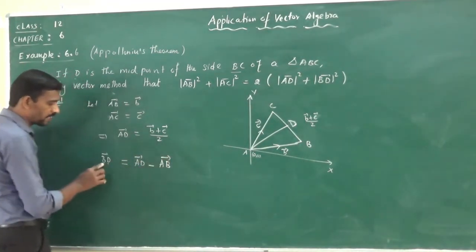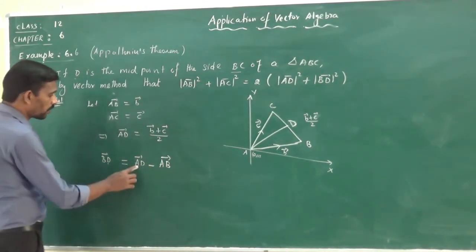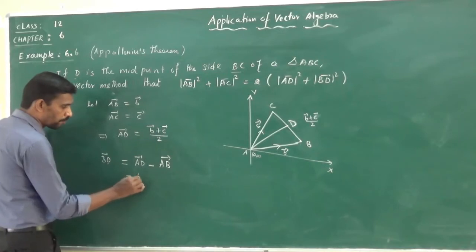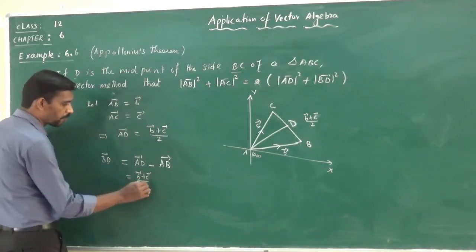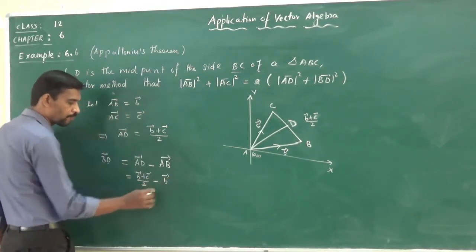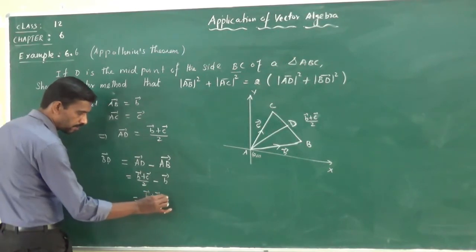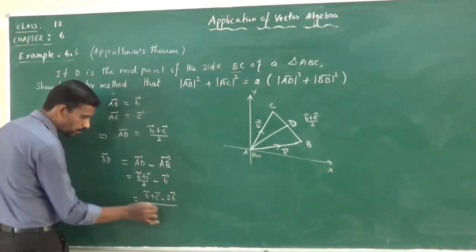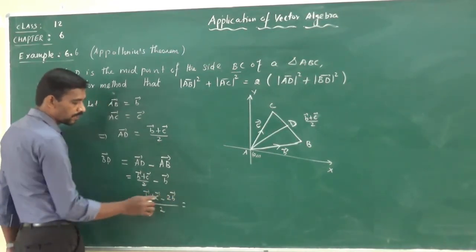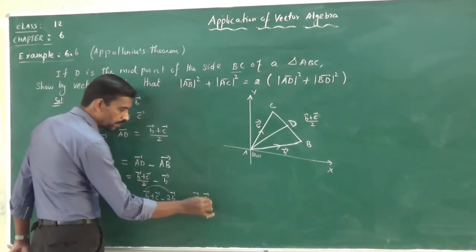Instead of O, we treat it as A. Now AD vector is B vector plus C vector divided by 2 minus AB vector, which is B vector. Simplifying this, B vector plus C vector minus 2B vector divided by 2. Subtracting, B vector minus 2B vector, we get C vector minus B vector divided by 2.